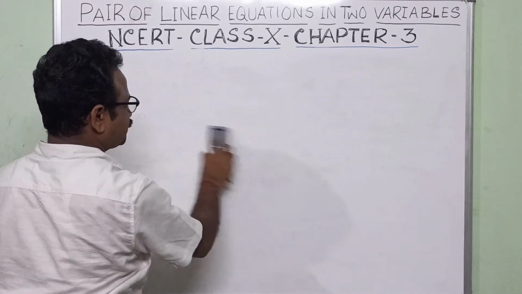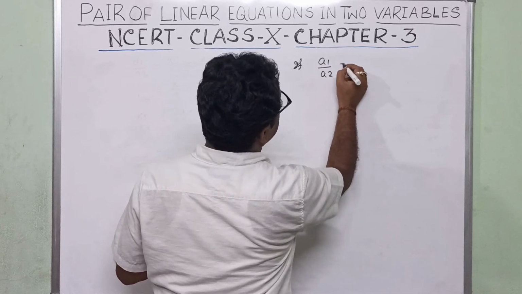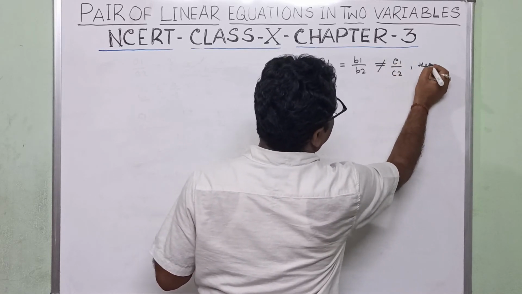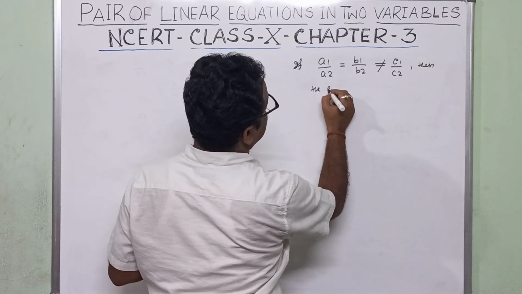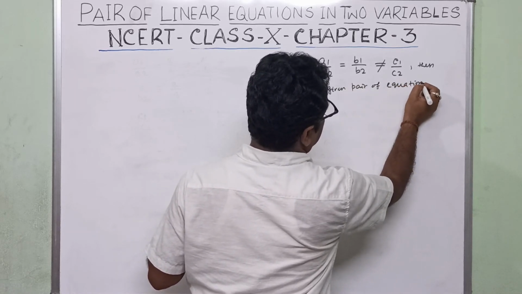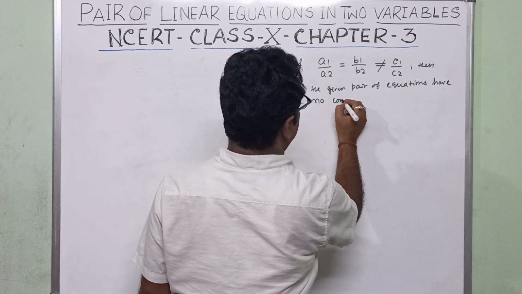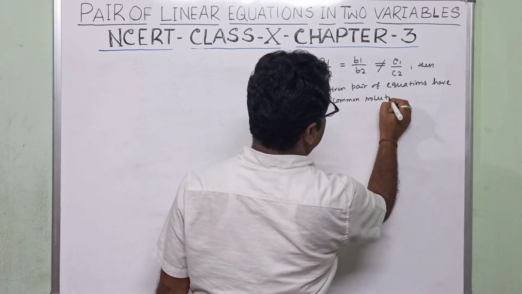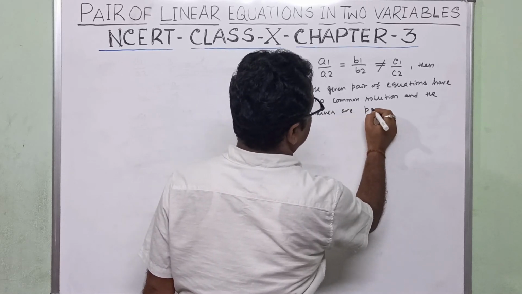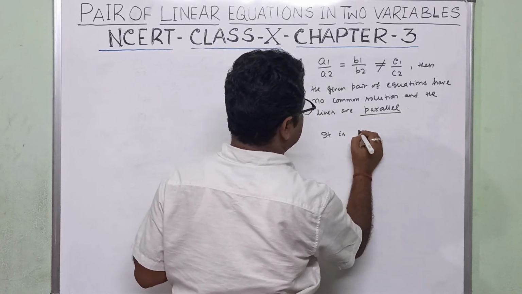It's telling, if A1 by A2 is equal to B1 by B2 is not equal to C1 by C2, then the given pair of equations have no common solution and the lines are parallel. So parallel means it is inconsistent.